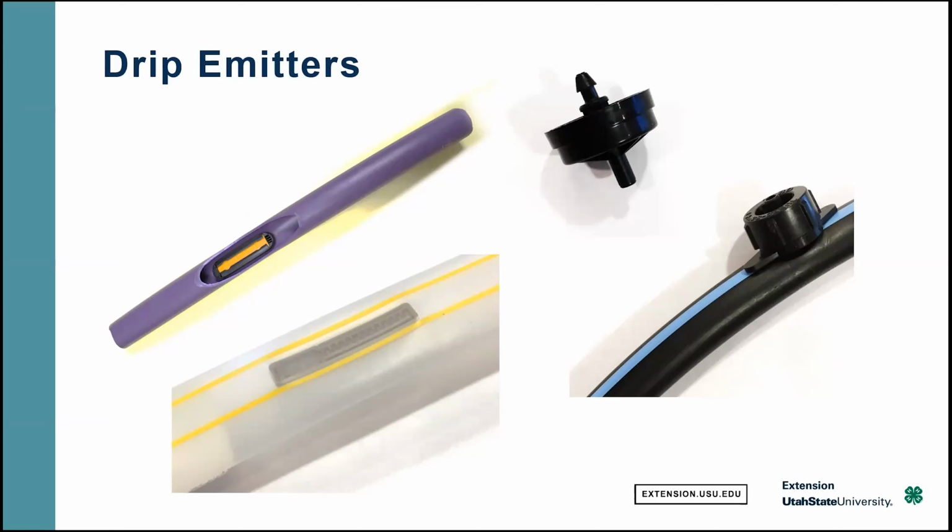Water enters that emitter from inside the pipe and then travels through that little twisty path. That's called a tortuous path emitter, and forcing the flow to go through all those turns takes energy and causes the flow to be a little more consistent from emitter to emitter. And we'll see in a little bit why that's important.